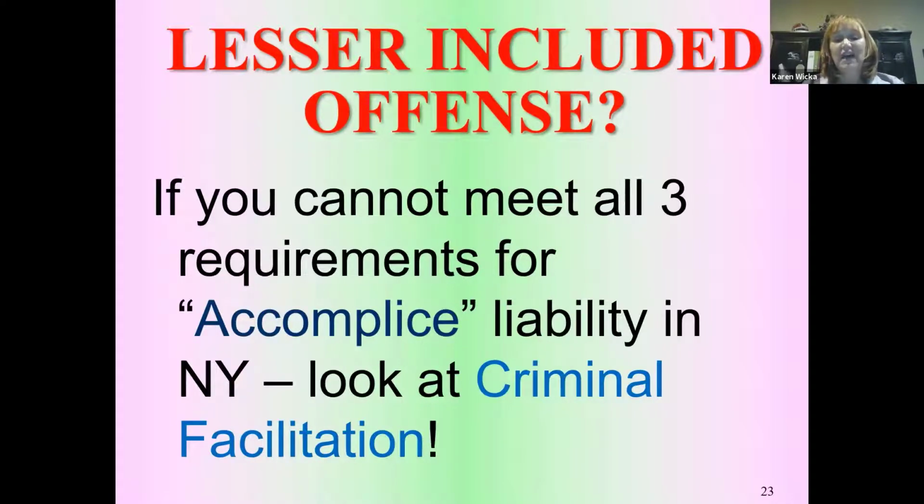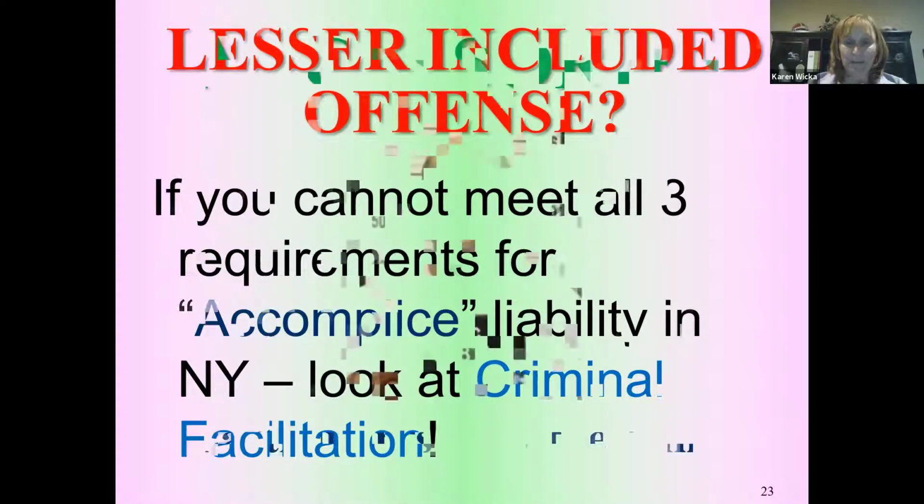So the person still helped prior to or during the actual crime, but they couldn't meet all of the requirements for accomplice liability. So if you're reading accomplice and you think, oh, I can't prove that, then you would want to drop it down to the next level of offenses, and that would be criminal facilitation in New York.